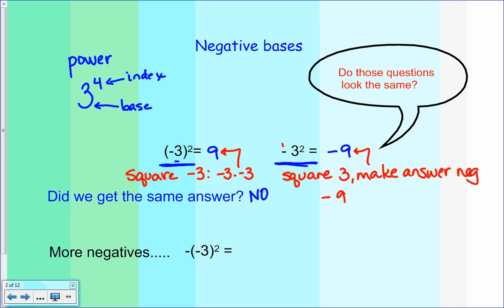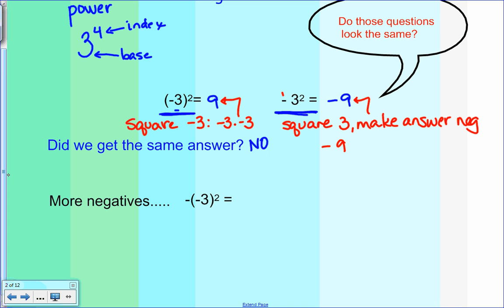Let's take a look at this next one down here. This says to square -3 and make your answer negative, or the opposite. I should restate that.